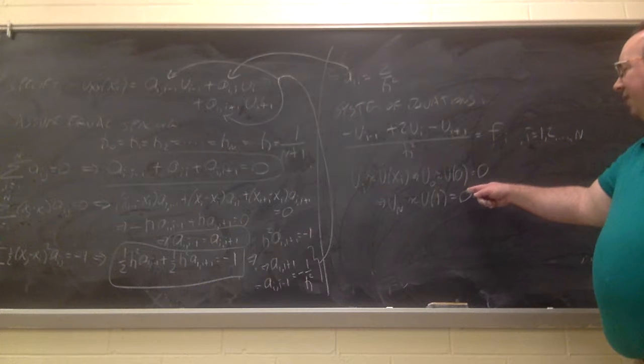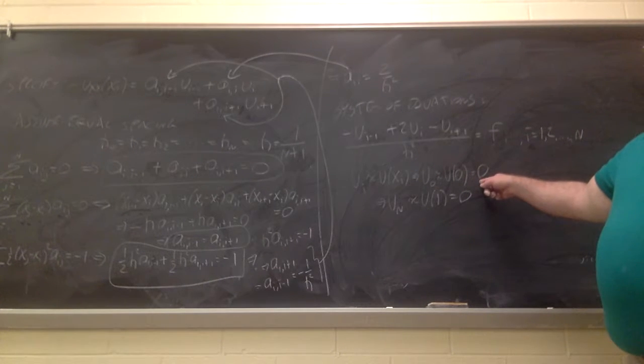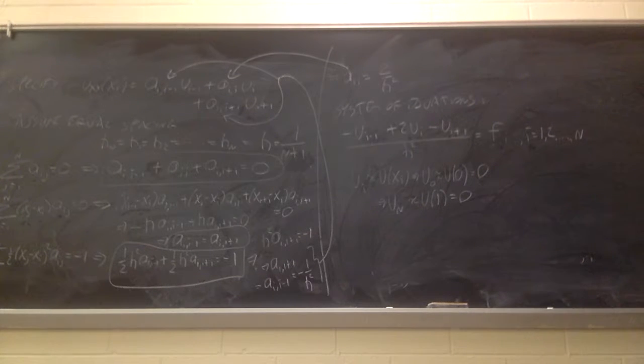What if I had specified u naught to be some non-zero value? Like say u of 0 is equal to 2. Well, we're still using the same points.